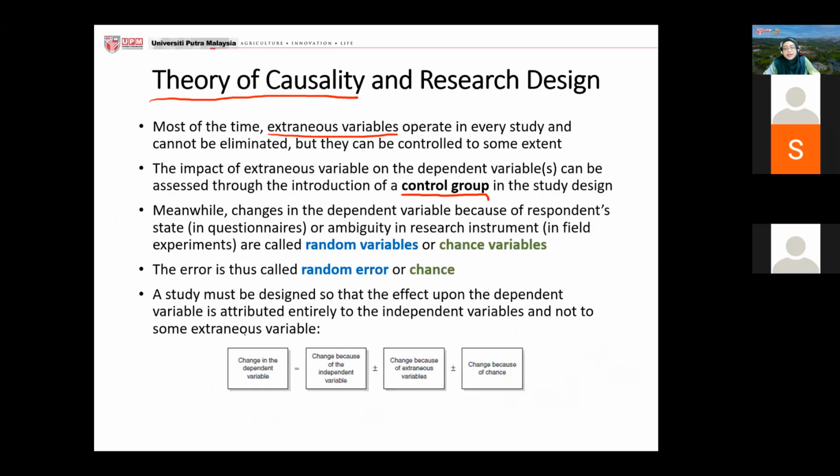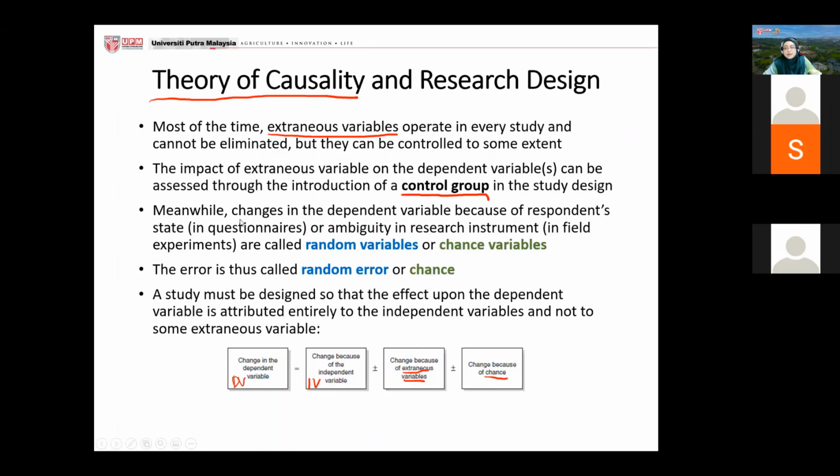So basically at the end of the day, you will be able to know that the change in the DV comes primarily from your IV. But you know already that extraneous variables also have a part, and of course chance. So this may also happen.